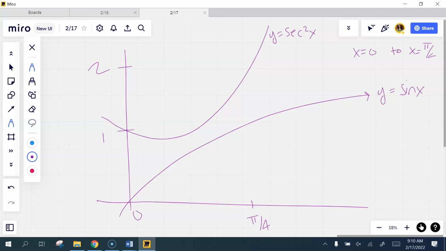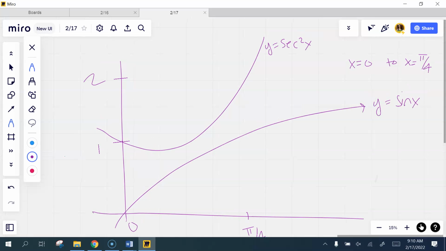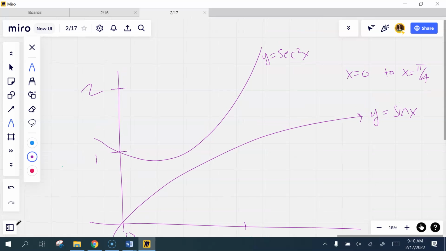Now notice these don't intersect or anything like that, so I don't have to find any intersection points. All of these problems are different, which is why I said you have to draw them out. So this question would look something like, find the area between the curves y equals secant squared x and y equals sin x, from x equals 0 to x equals pi over 4. And it would be up to you to graph it and to look at it.